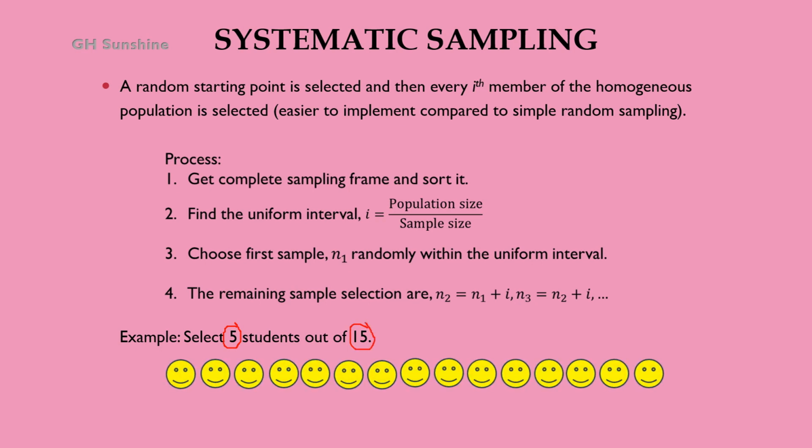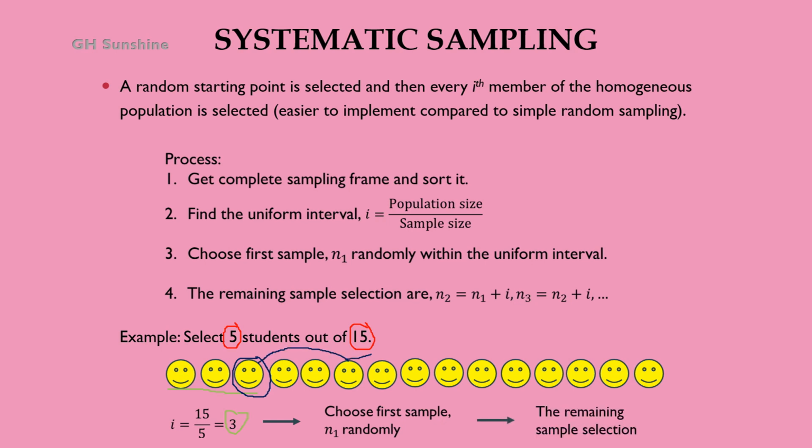So first step, calculate or find the uniform interval. So 15 divided by 5 equals 3. So for the first 3, the researcher may choose the first sample randomly. Let's say the third student becomes the first sample. Next plus 3.